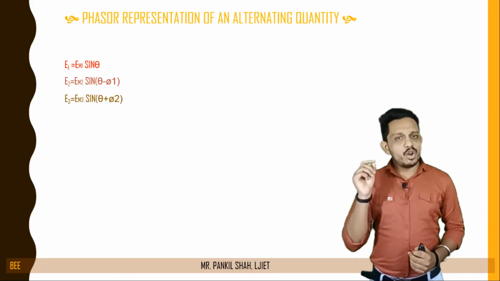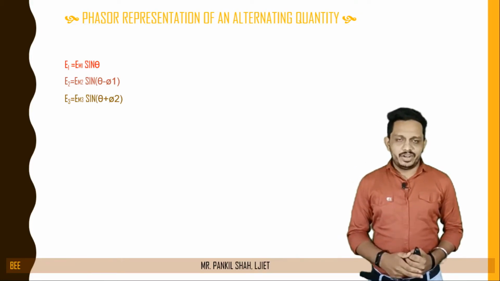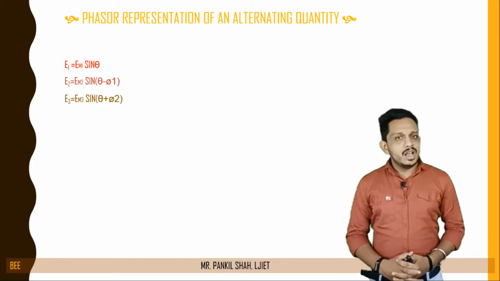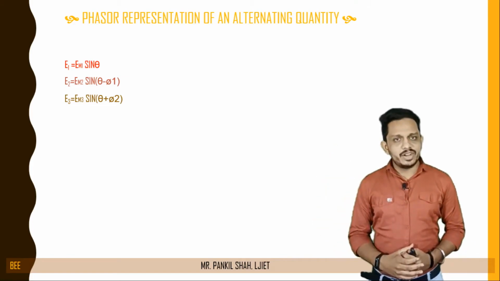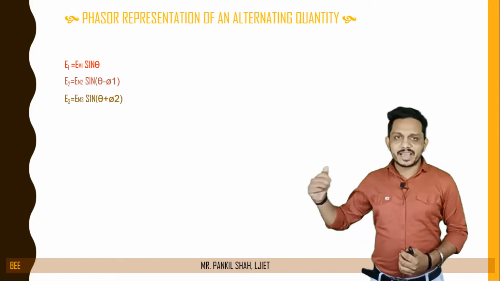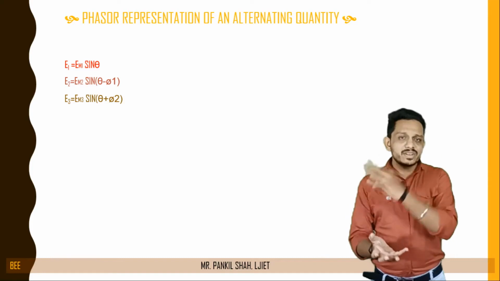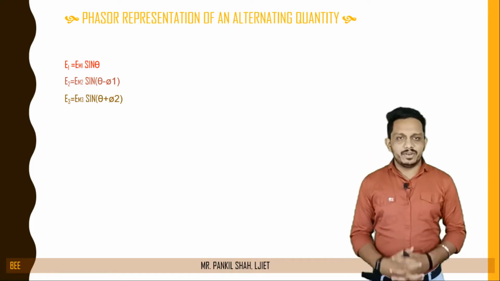A negative sign always suggests that the second quantity is lagging behind the reference quantity. Here our reference quantity is the first quantity, and there is a negative angle in the second quantity. So that means the second quantity will start later than the first quantity by this angle, phi 1.